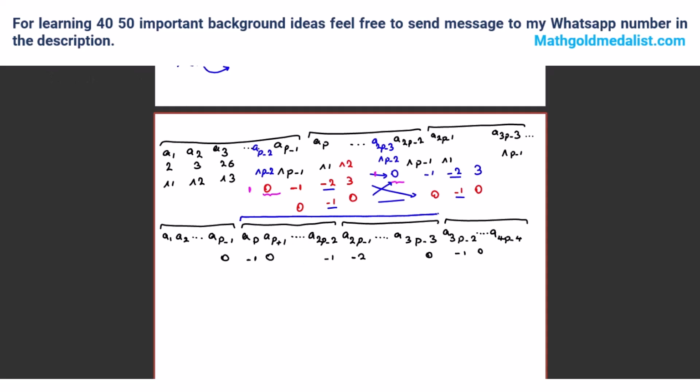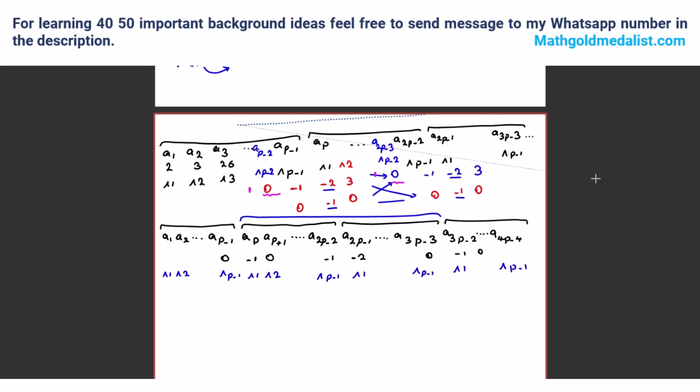Okay, so let me erase this part. Let me write the powers: raise the power of 1, raise the power of 2, raise the power of p minus 1, again raise the power of 1, raise the power of 2, raise the power of p minus 1, and so on.